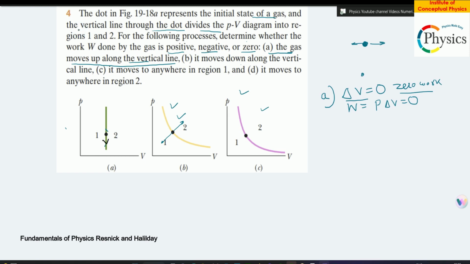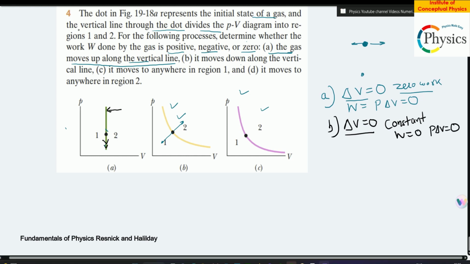Okay, so the gas is moving like this. Again, if you notice, if you're moving along this vertical line, the volume does not change, right? So even in B, it's an isochoric process, right? Constant volume. The PV indicator diagram clearly shows that there is no area being covered. I hope you remember, if area gets covered, there is some work. So even in this case, work done is zero because P delta V is equal to zero.